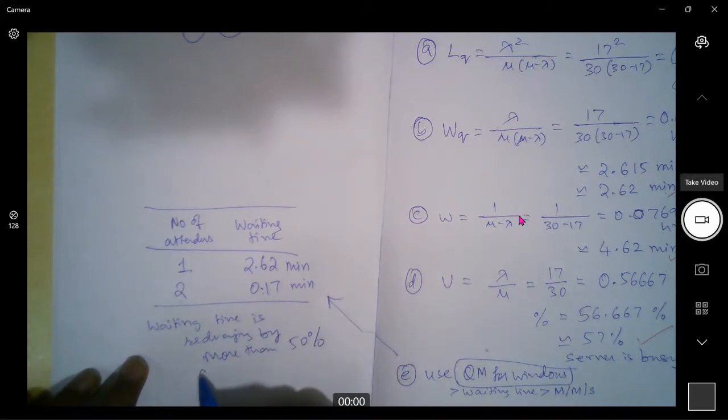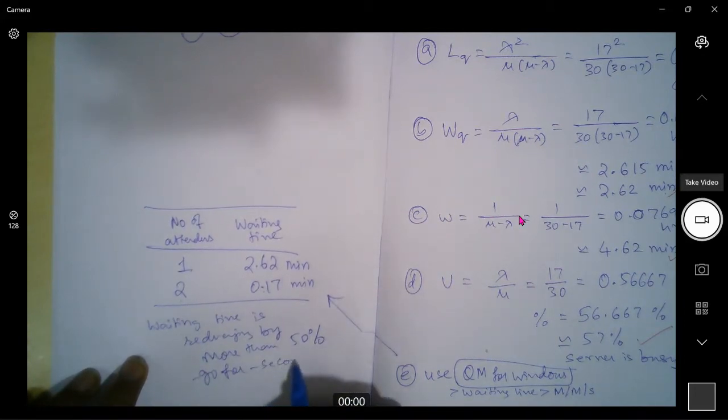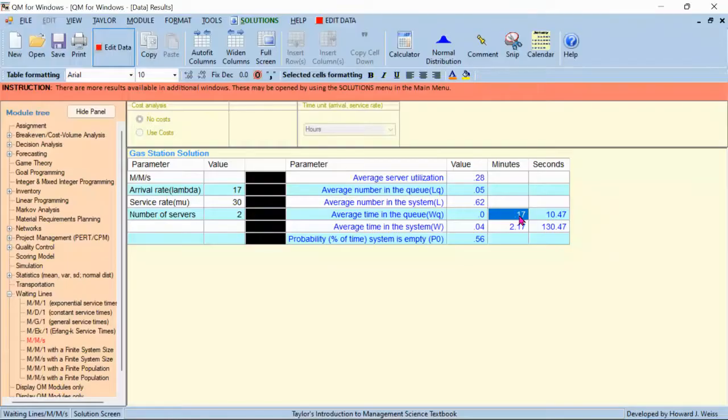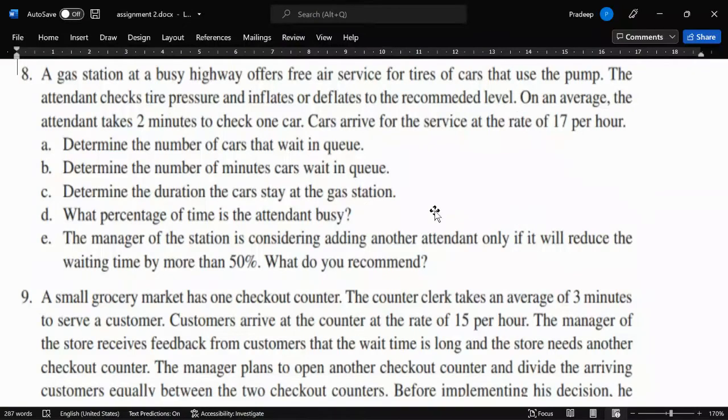Therefore, definitely go for the second attendant. So that is the answer for this question D. What do you recommend? We recommend to go for the second attendant. Like this, we completed the analysis of question number 8.